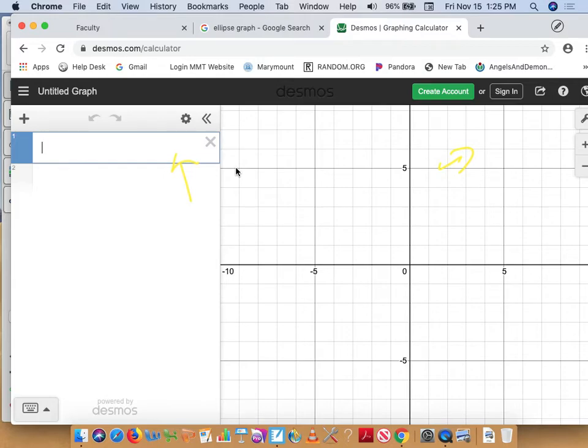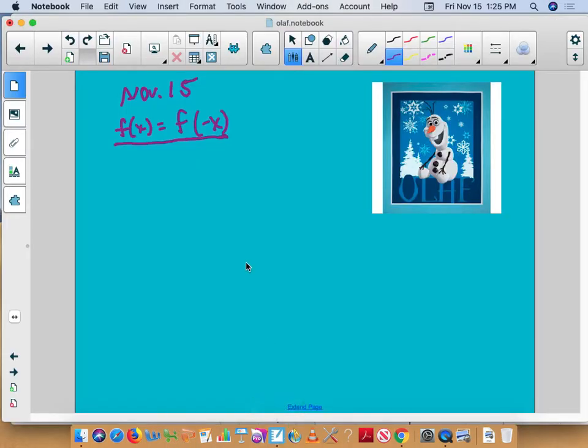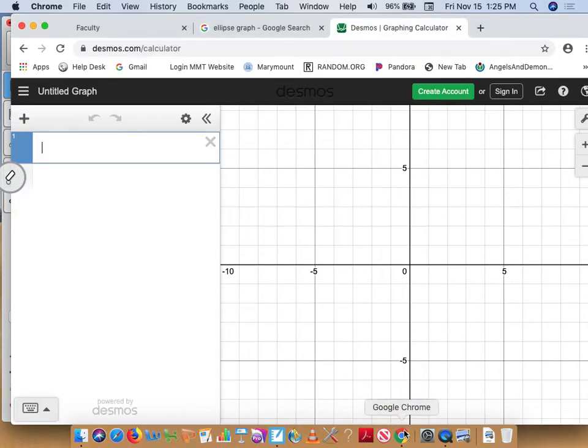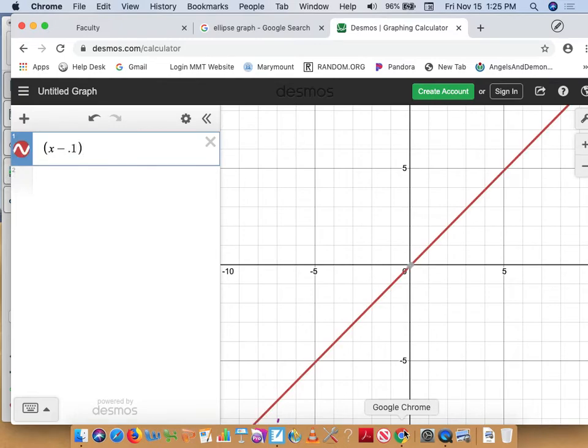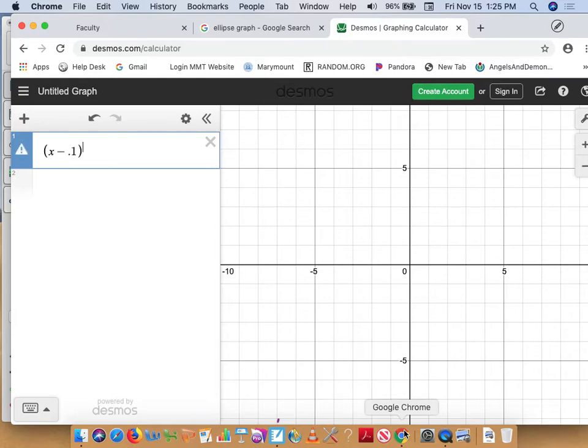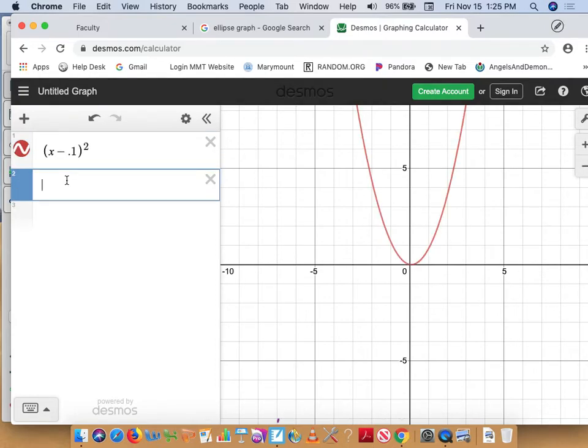See if I can pull up the eraser. Now, if I go back. Okay.